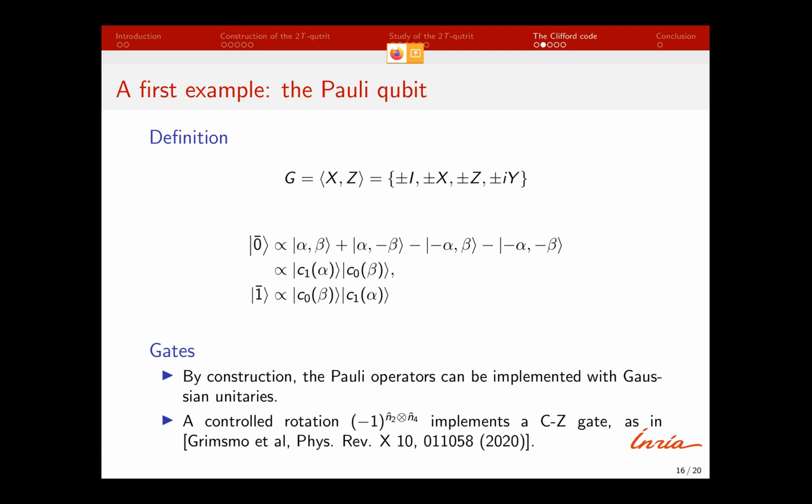By construction, of course, the Pauli operators can be implemented as Gaussian unitaries for that code. But we are also able to find another gate, the CZ gate, which can be implemented with a controlled rotation of -1, a controlled rotation between the second and the fourth mode.